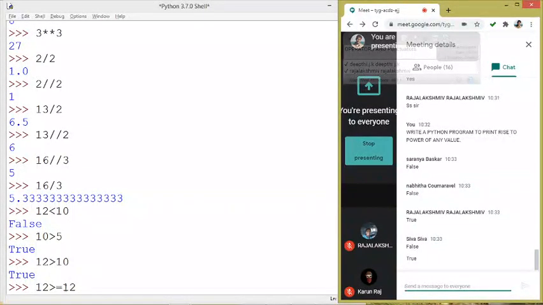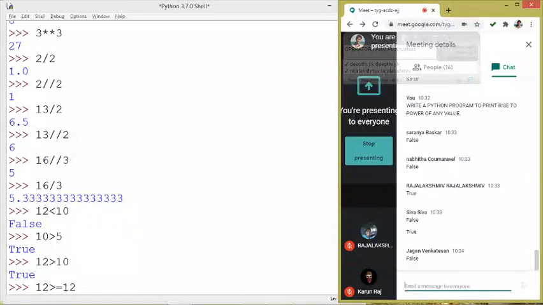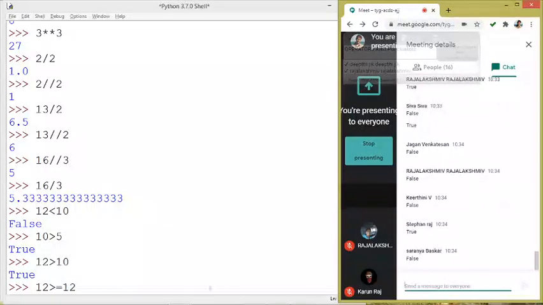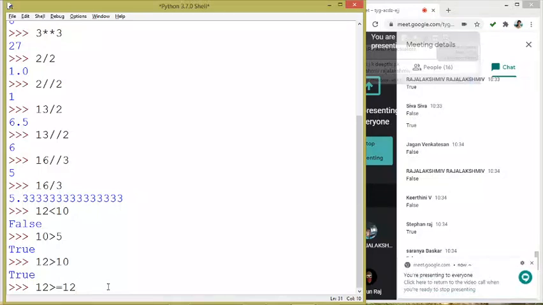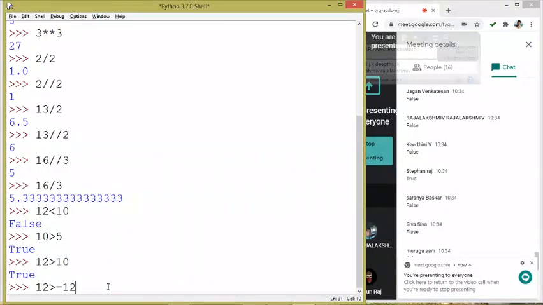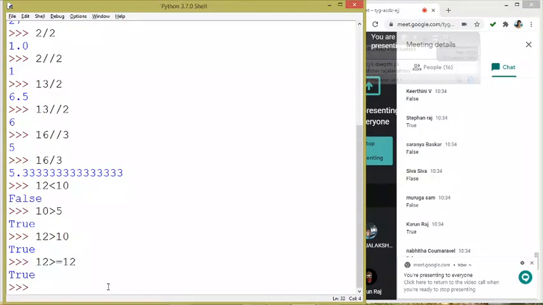Please tell me what is correct, either true or false. So Jagan is telling false. Okay, here the value is not greater than 12, but at the same time this is true because it is equal to 12. That's why we are getting the result as true.